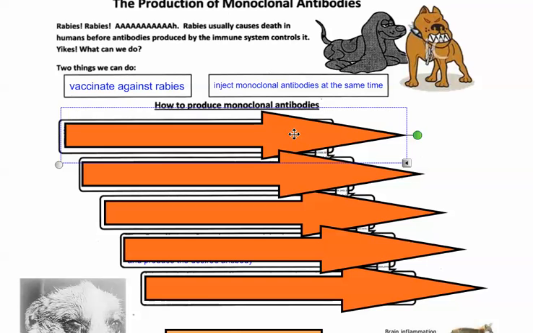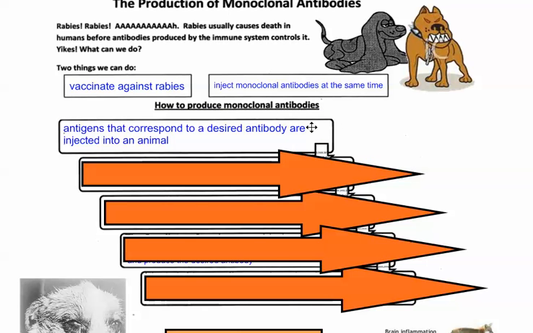So here's a general procedure for how to produce these antibodies. The vaccines we've talked about before, but to produce the actual monoclonal antibodies, you have to get somebody to make them for you. So we actually take the antigen. In this case, it would be viral particles that contain the antigen, which are the triggers that correspond to rabies, and we put them into some kind of animal, and we cause that animal to go through the process of producing the correct antibody.